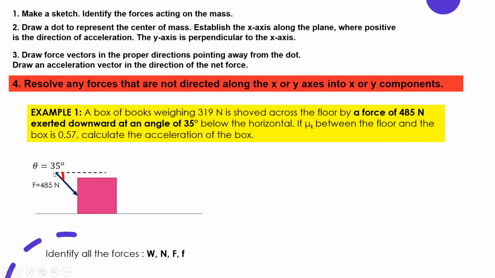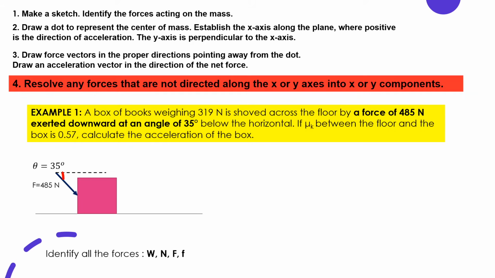Okay, look at here. We have the external force 485 Newton that tries to push the box, but the force is at an angle of 35 degree below the horizontal. Ini bawah. This is the horizontal, so below the horizontal. So given that mu k is 0.57, calculate the acceleration of the box.